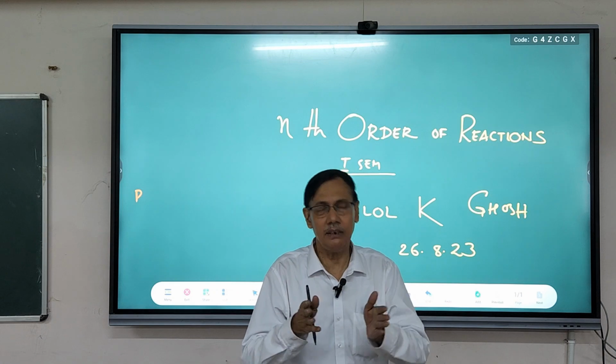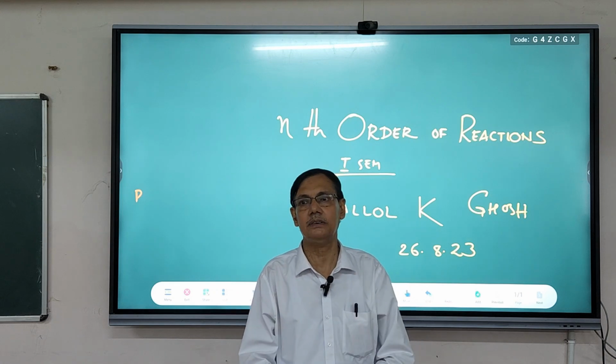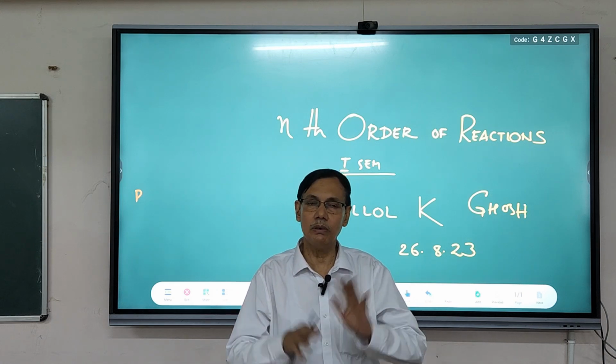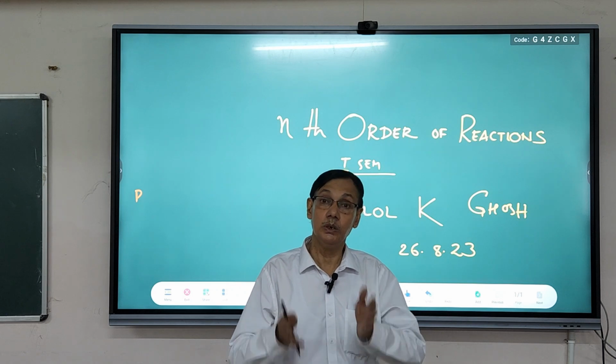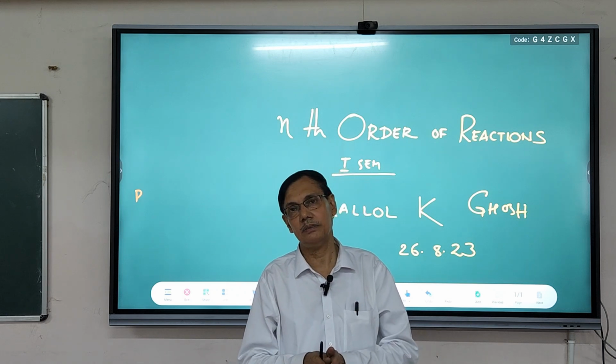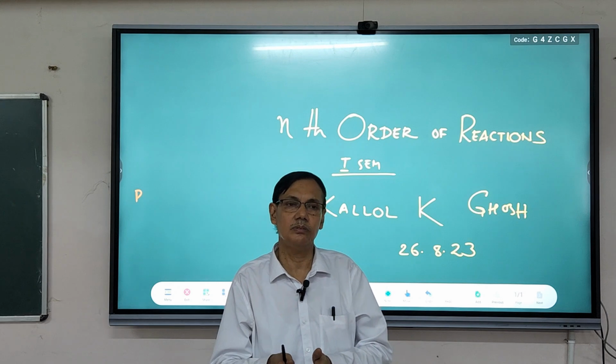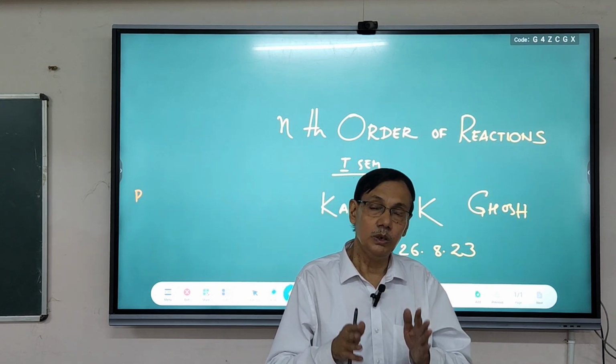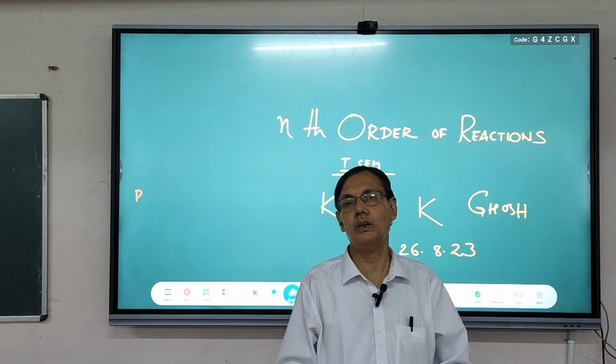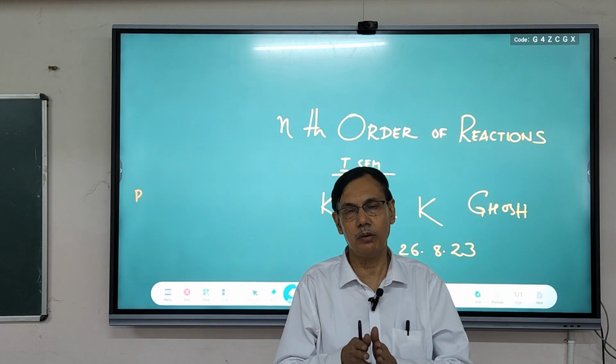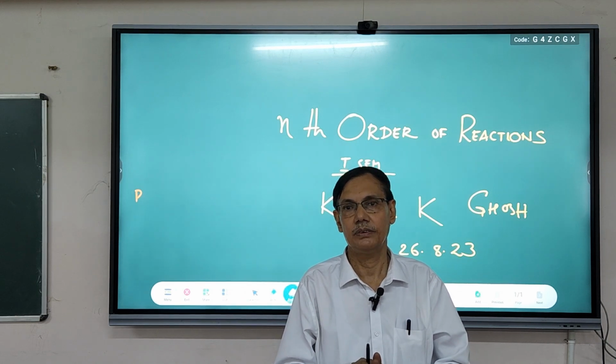And if you understand this nth order of reactions, you are able to write the unit of that order of reaction, the integrated equation of that order of reaction, as well as the half-life of that reaction.